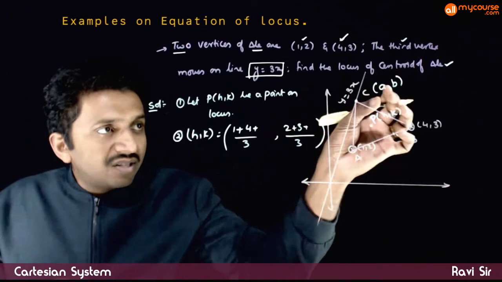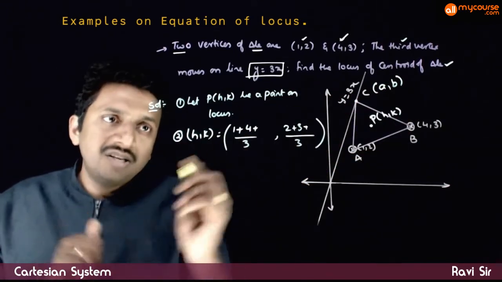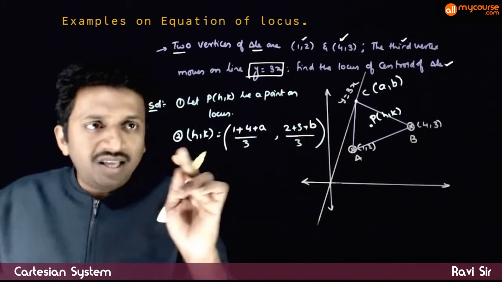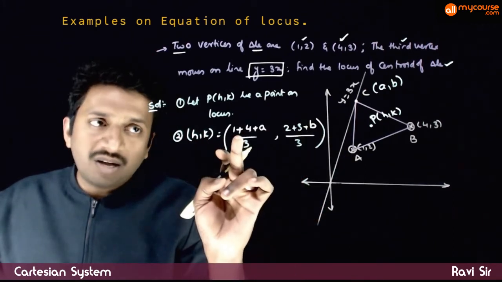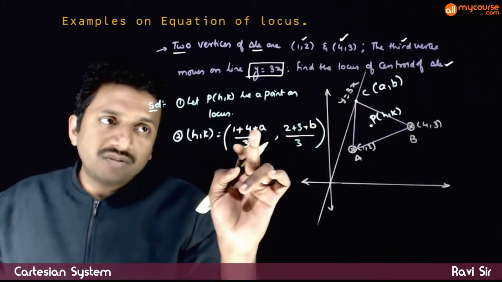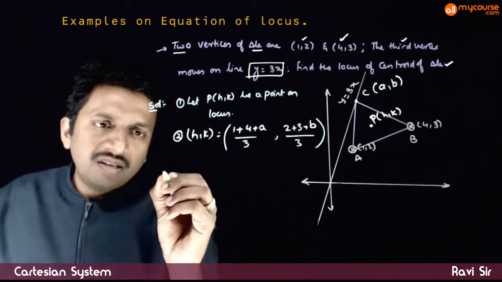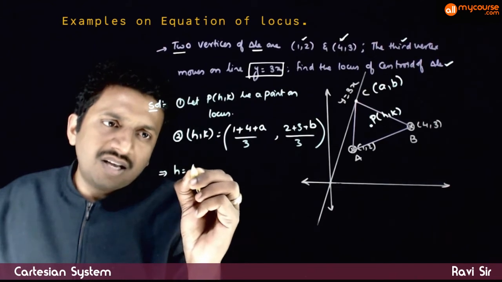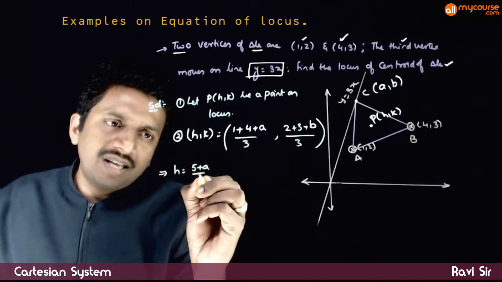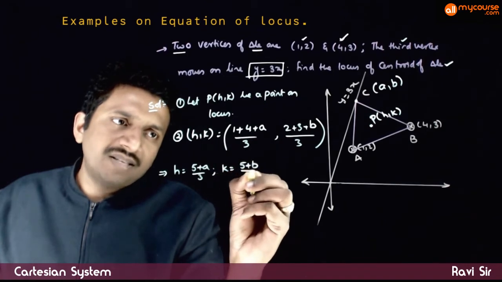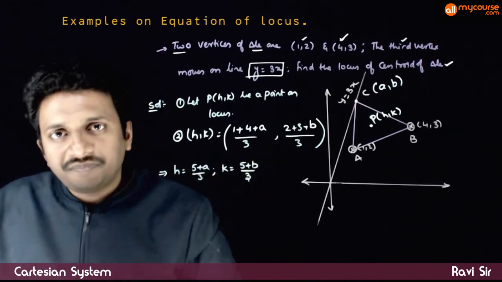As C moves, the coordinates a and b change. So h, k is equal to (1 plus 4 plus a) by 3, (2 plus 3 plus b) by 3. This implies h is equal to (5 plus a) by 3, k is equal to (5 plus b) by 3.